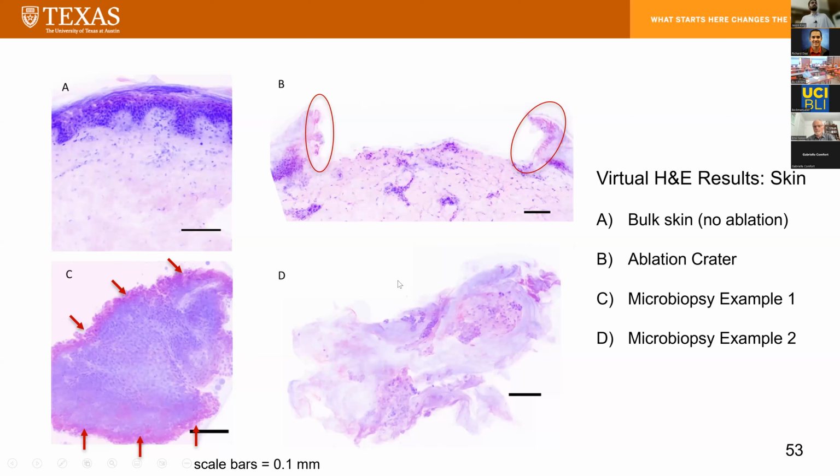And then here's another example that we see in some of our tissues where the tissue folds over itself. So there's some mechanical disruption. You can see different pockets of cells mixed with collagen.